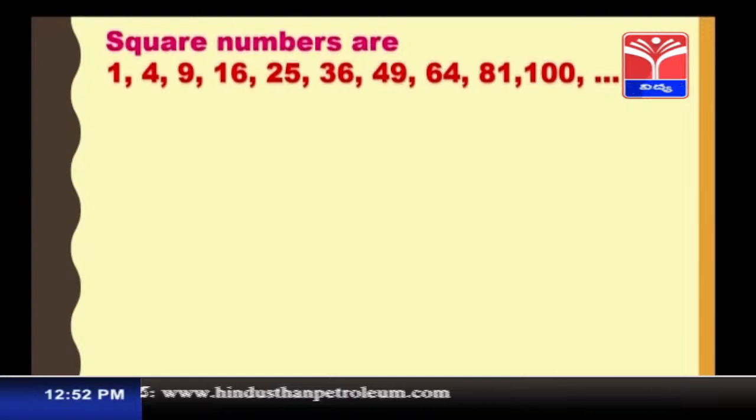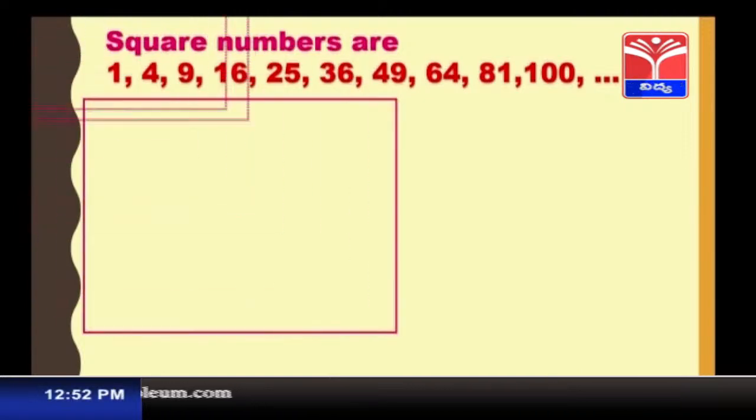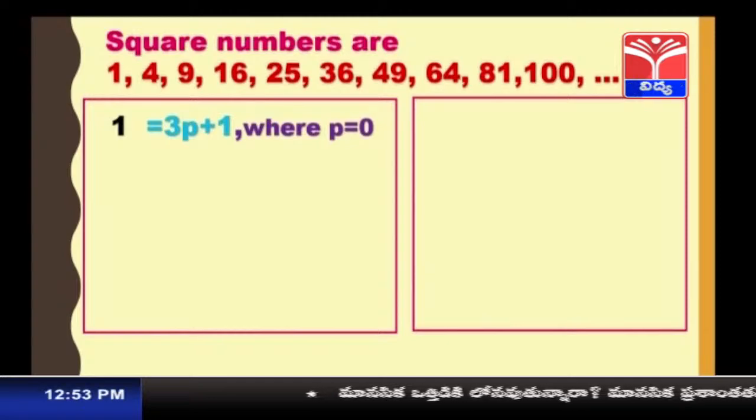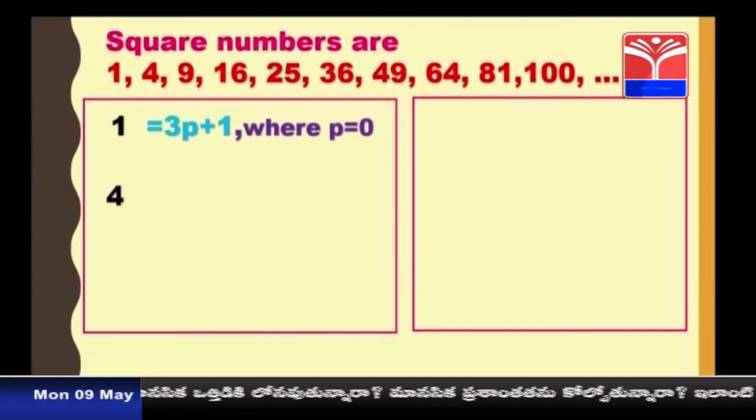We can take any square numbers here. 1 I can write as 3p plus 1, where p is equal to 0. If I substitute p is equal to 0, it becomes 3 into 0 plus 1.